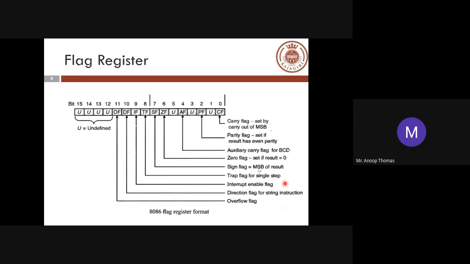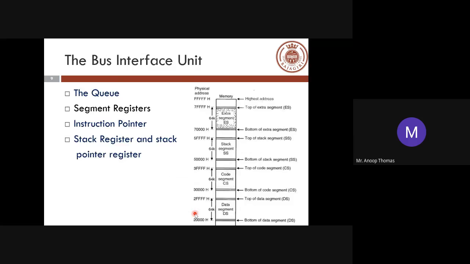Then the overflow flag: if the operation performed by the ALU overflows, then this flag is set. So there are additional flags compared to your 8085, but the basic flags will always remain. Whenever you are asked about flags, 5 flags are always there: carry, parity, auxiliary carry, zero, and sign flag. The rest of the flags depend upon the type of microprocessor that you are dealing with.